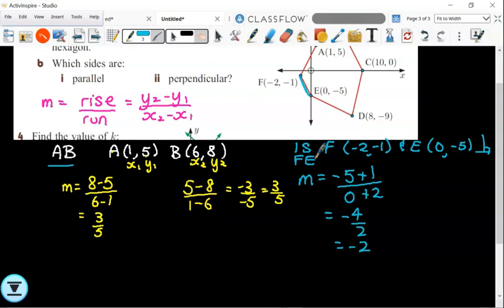Are you sure? FE? You're correct. Because this is less than, like it's lower than 1, right? Which is steeper? 2 or minus 3? Minus 3. Some people are going, oh, but it's minus. That's okay. It's just sloping the other way, but it's a bigger number.